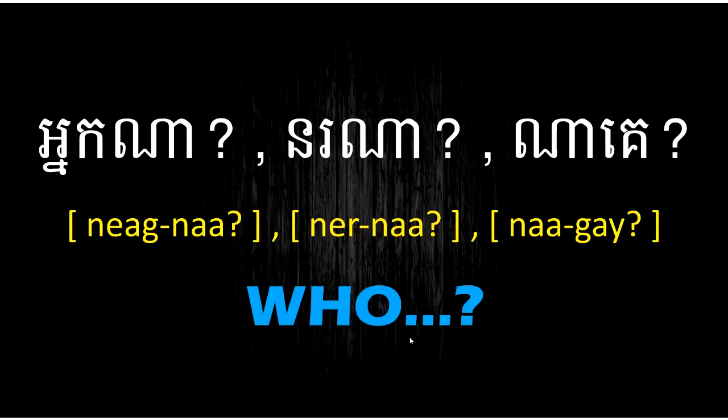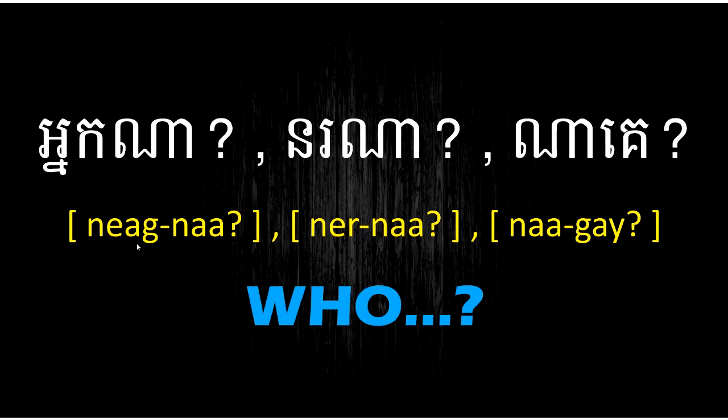Okay, so now we start together with the word who. Who in Cambodian language, you have three meanings to say. For the first one, you say nè ná, and the second one, you say no ná. I would like to tell you a bit about this.